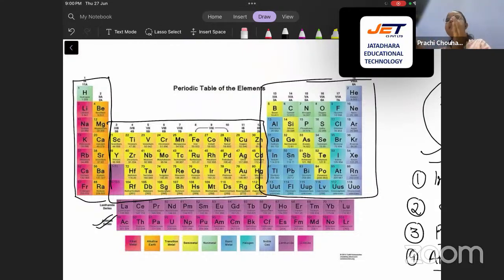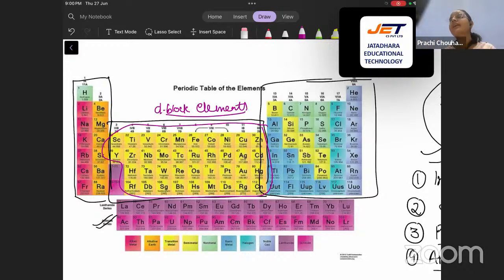And then I'll see what compounds they form, right? Now, coordination compounds are the compounds formed by the D block elements with other elements.